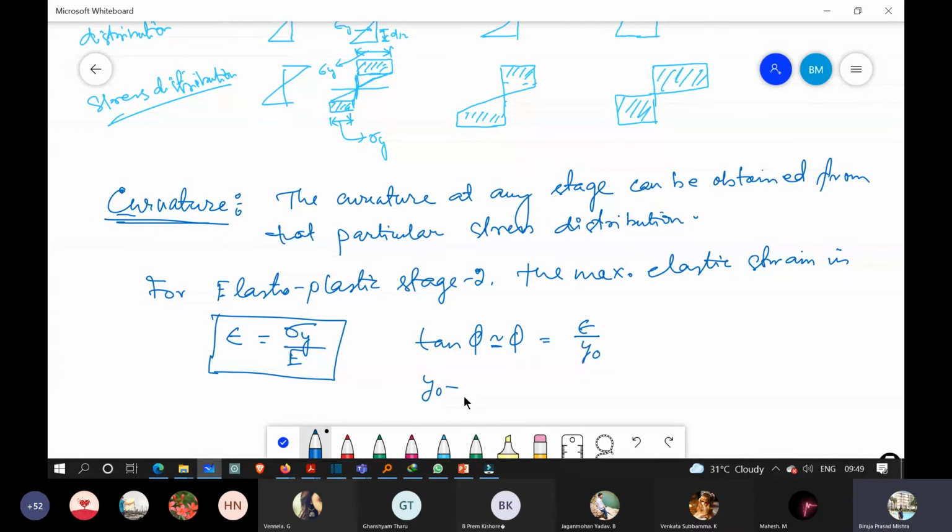Now what is y0? The distance from NA. What is NA? Neutral axis. Distance from neutral axis to the extreme elastic fibers.